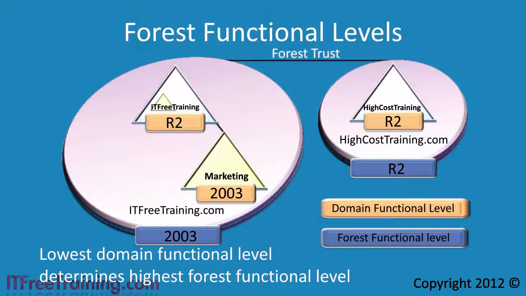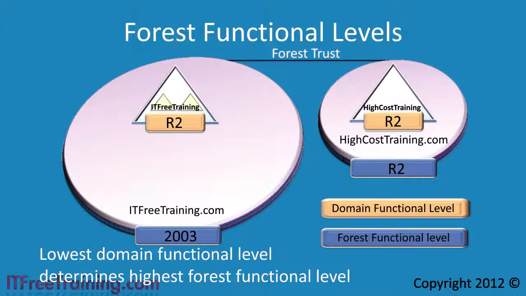In the case of the marketing domain, this was created because a particular person who used to work at ITFreeTraining wanted his own network. In other words, it was done more for political reasons than for business reasons. For this reason, you could merge this domain with ITFreeTraining, making it its own OU because that person does not work for ITFreeTraining anymore.